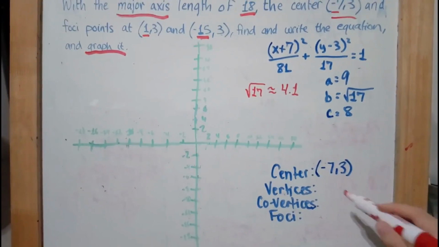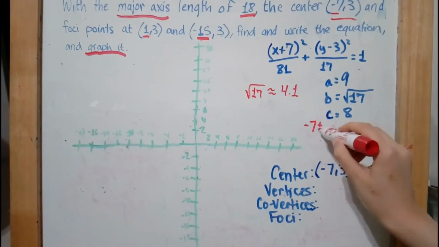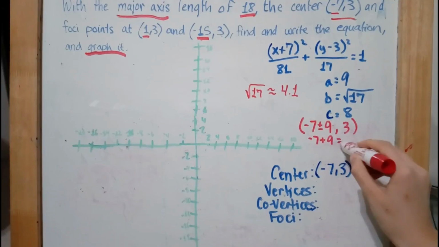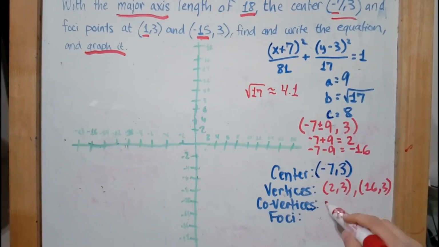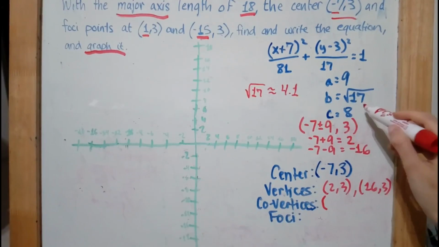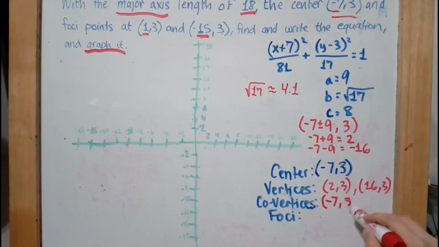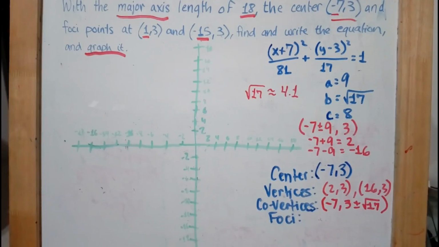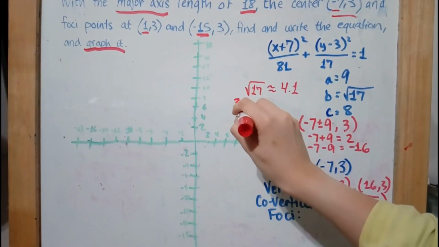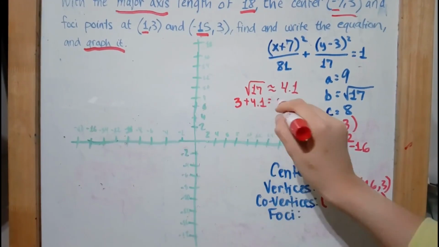First we can graph the center point at -7, 3, and then the vertices at 2, 3, and -16, 3. Now the co-vertices is at -7, 3 plus or minus the square root of 17. And so the square root of 17 is equivalent to 4.1.